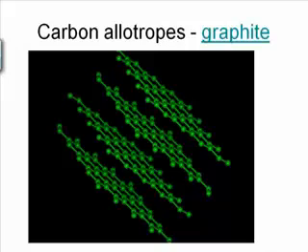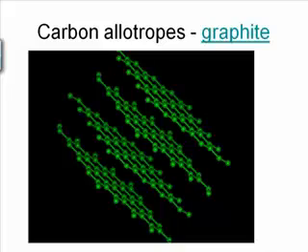So here's an example. One of the allotropes of carbon is graphite. You see from this picture that in graphite we have strong carbon-to-carbon bonds in 2 dimensions, but in the 3rd dimension we have relatively weak bonding.